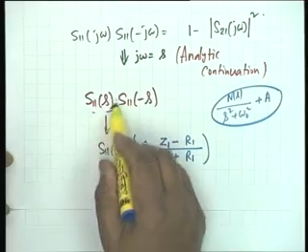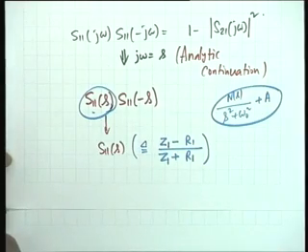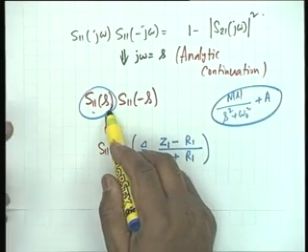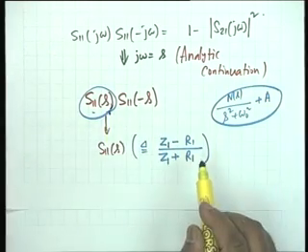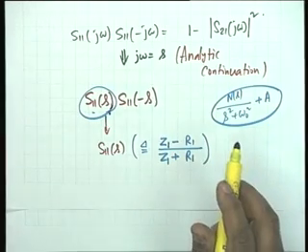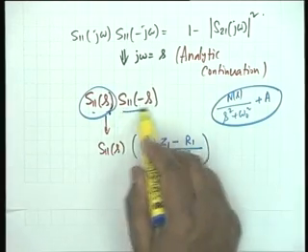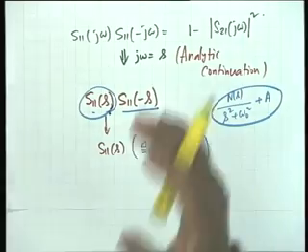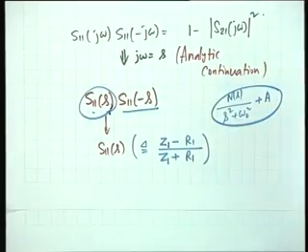The problem here was to identify what is S11 of s. Obviously, S11 of s shall have poles which are in the left half plane, and S11 of minus s then shall have poles which are in the right half plane.